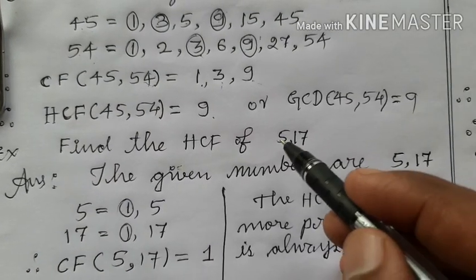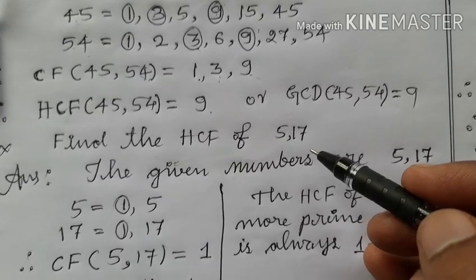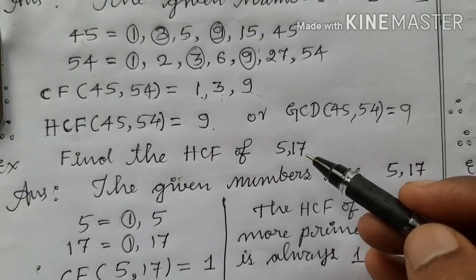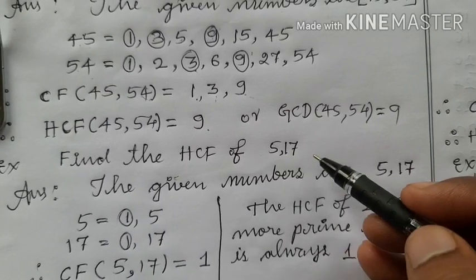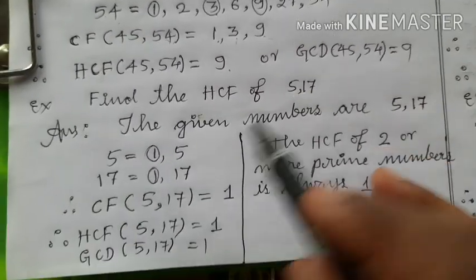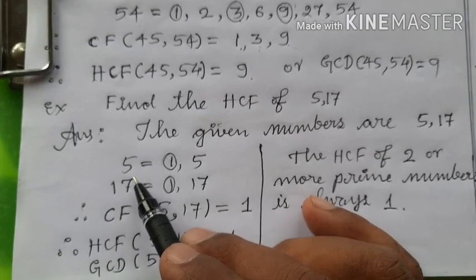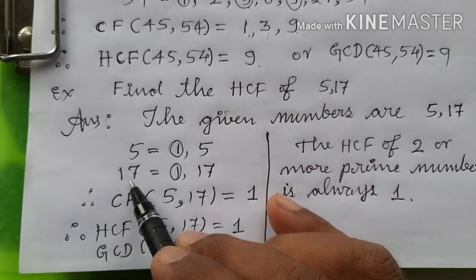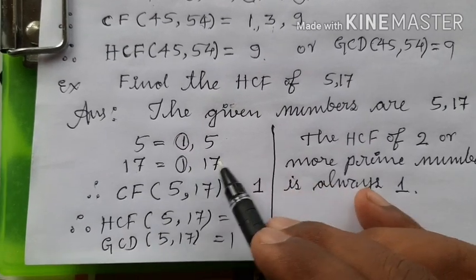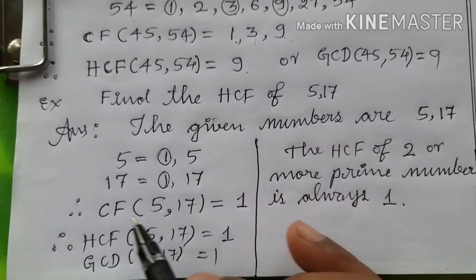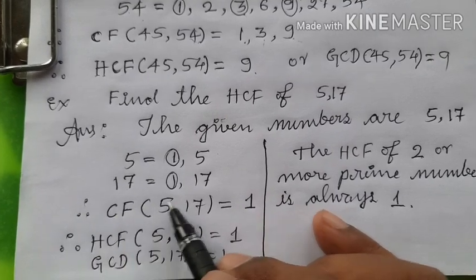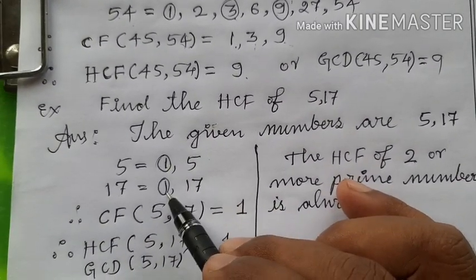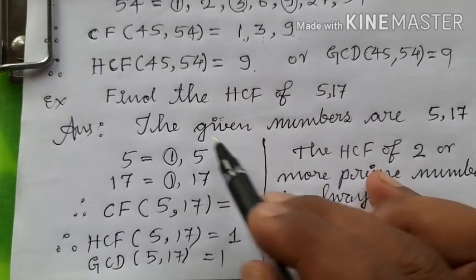See here children, 5 and 17 are also co-prime numbers because they don't have a common factor other than 1, or their HCF is 1. Let us see. List the factors of 5. The factors of 5 are 1 and 5. List the factors of 17. The factors of 17 are 1 and 17. Then what is the common factor of 5 and 17? It is 1. Other than 1, 5 and 17 have no common factors.